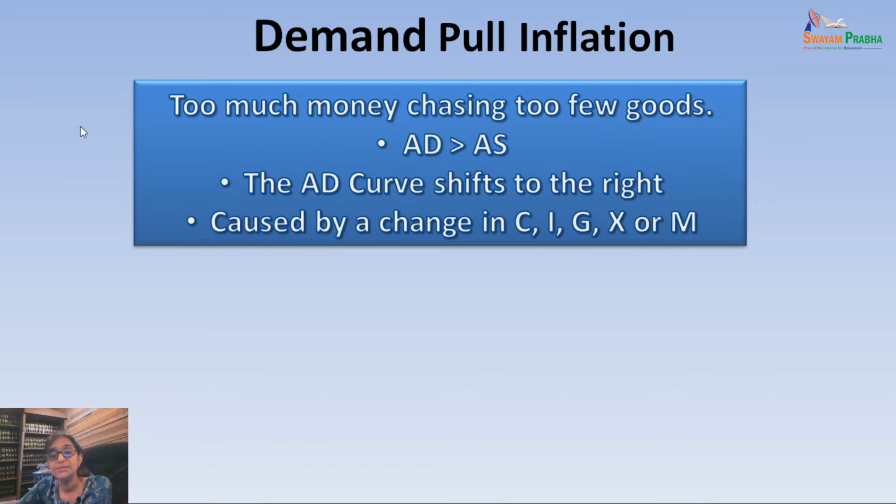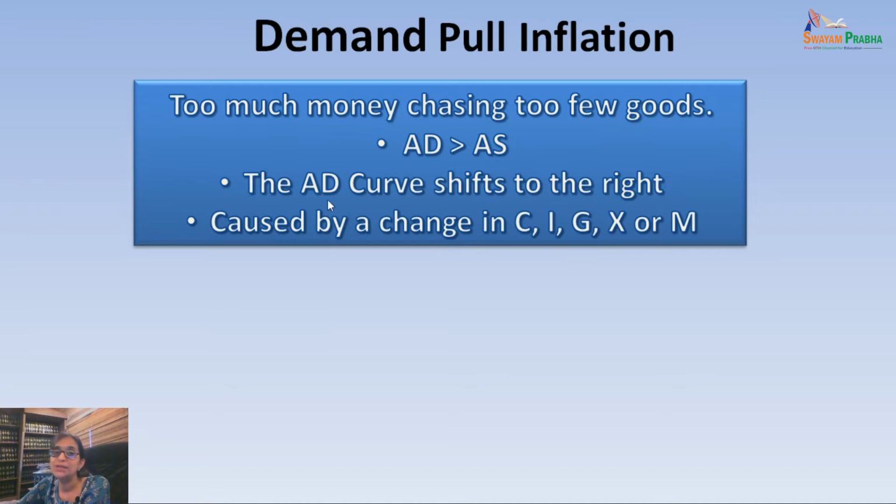Because of the increase in aggregate demand, which is not being fully compensated by a similar increase in supply, AD is more than aggregate supply. Any increase in consumption, investment, or government expenditure will shift your aggregate demand curve to the right.